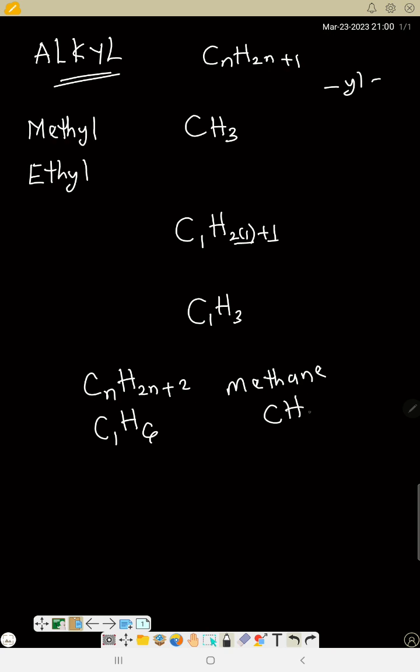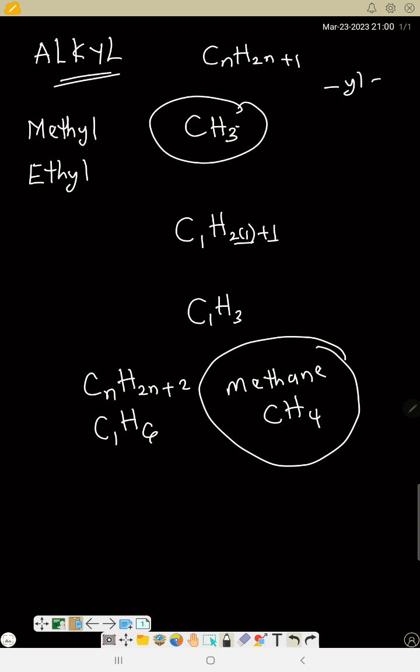Methane is CH4. So now if you have methane as CH4, now look at methyl, it is now CH3. You see 3, 4, it is short of one hydrogen. So anytime you have one short of hydrogen from alkane, then you have the alkyl group. So the general formula is CnH2n plus 1.